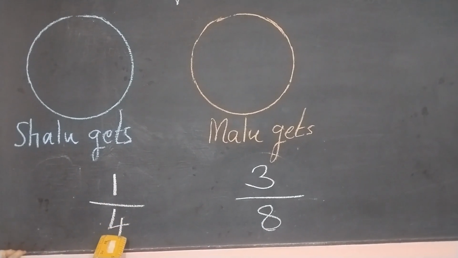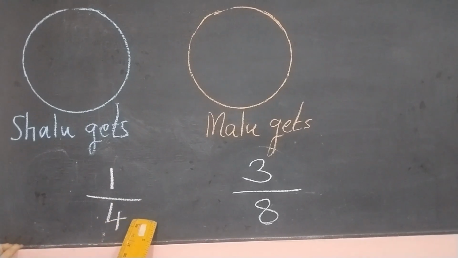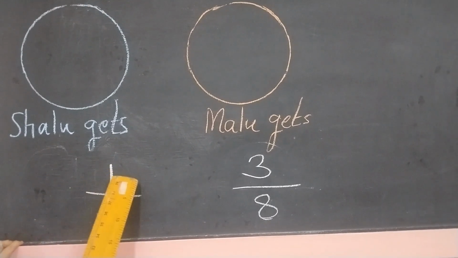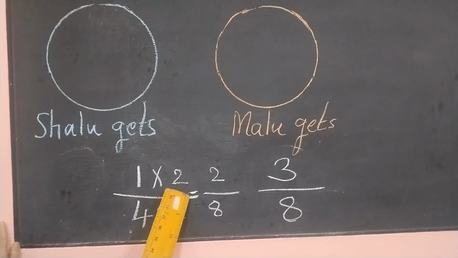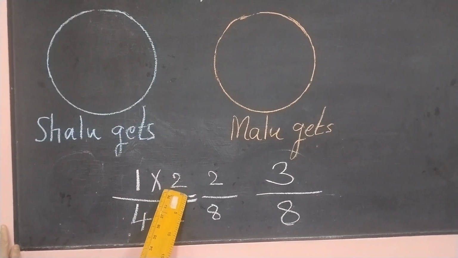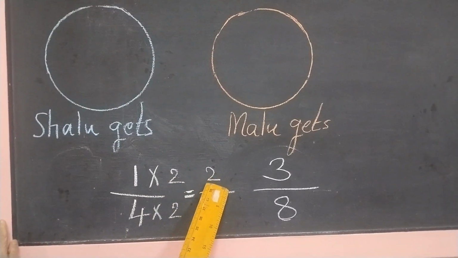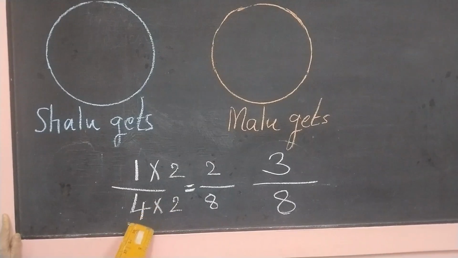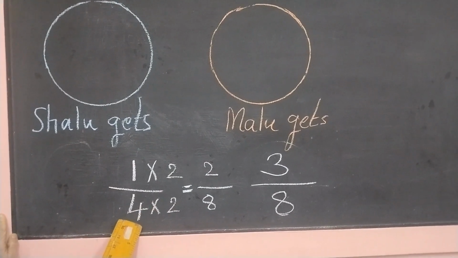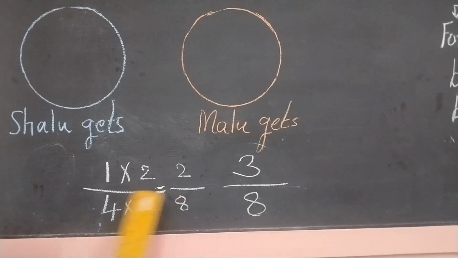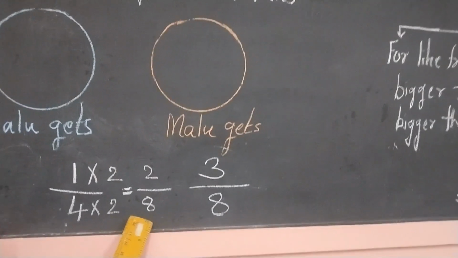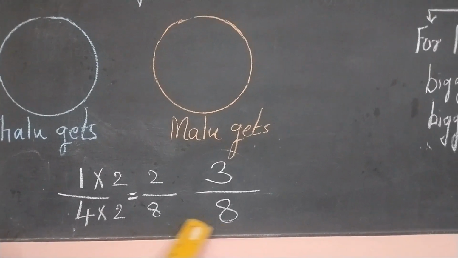So we will first multiply 4 by 2 and this also, 1 by 2. So Nani, once we multiply the numerator by 2, we get 2 as the numerator, and when we multiply 4 by 2, we get 8 as the denominator.